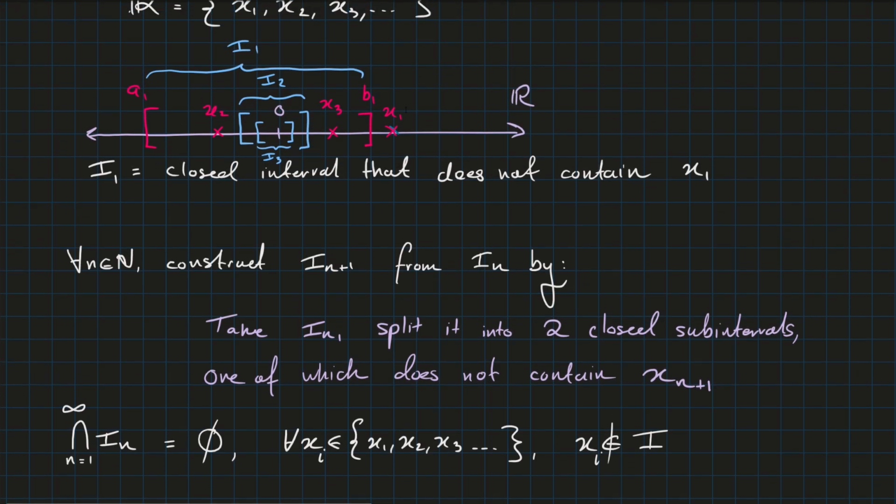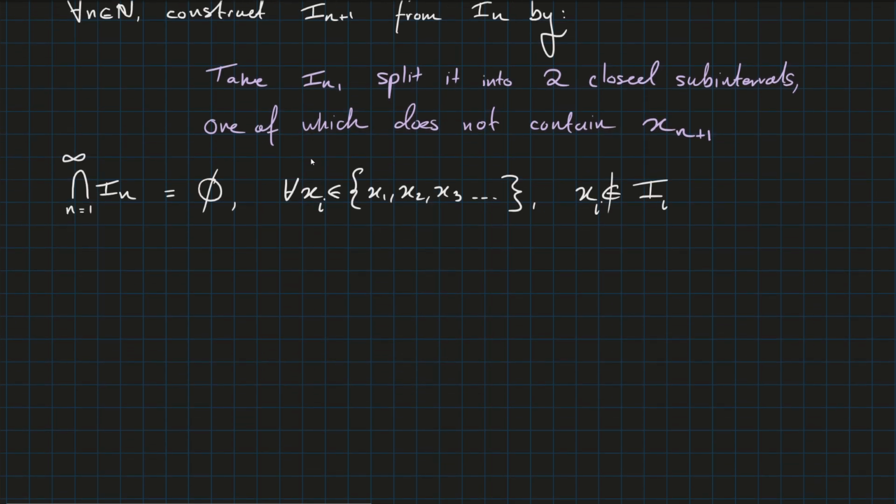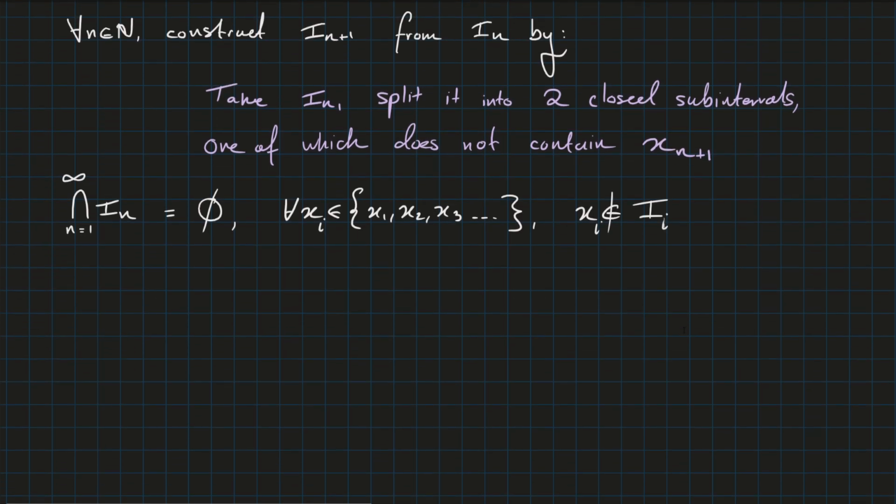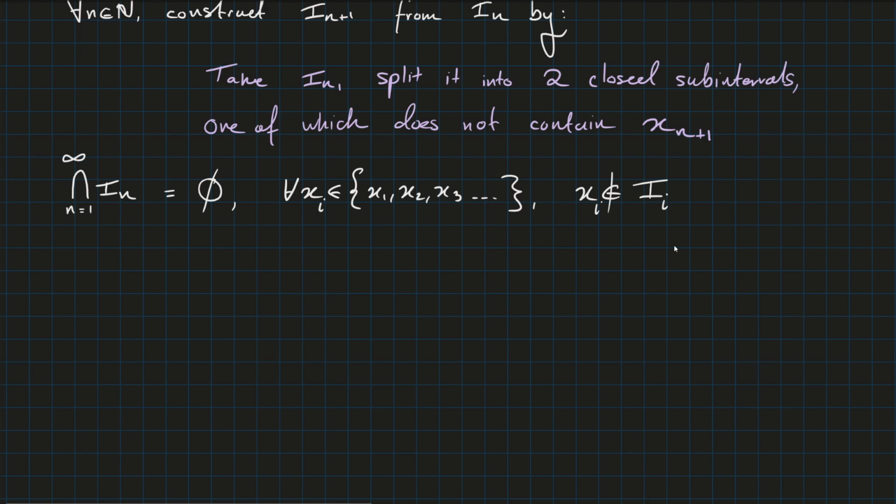Well, x1 is not in I1, x2 is not in I2, x3 is not in I3, so it's not an element of the intersection, which means that x_i is not an element of the infinite intersection.